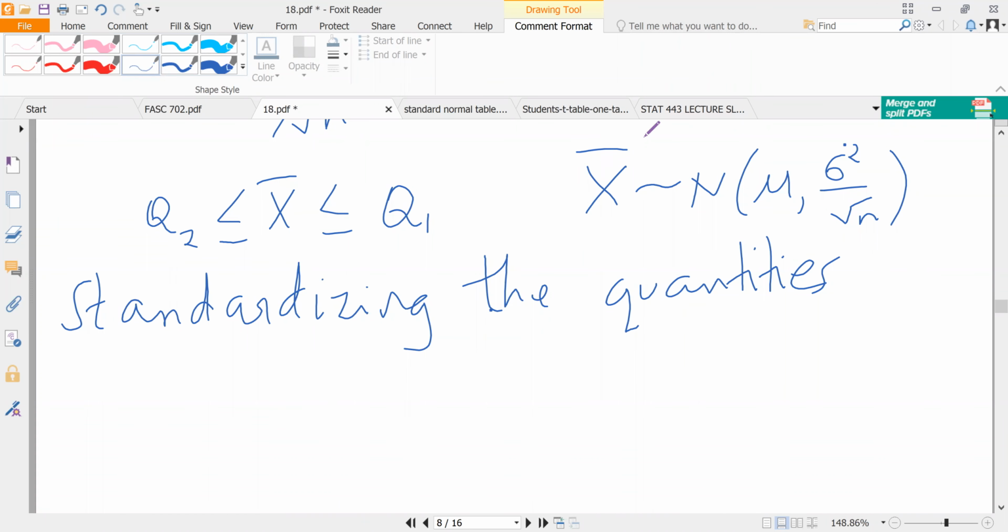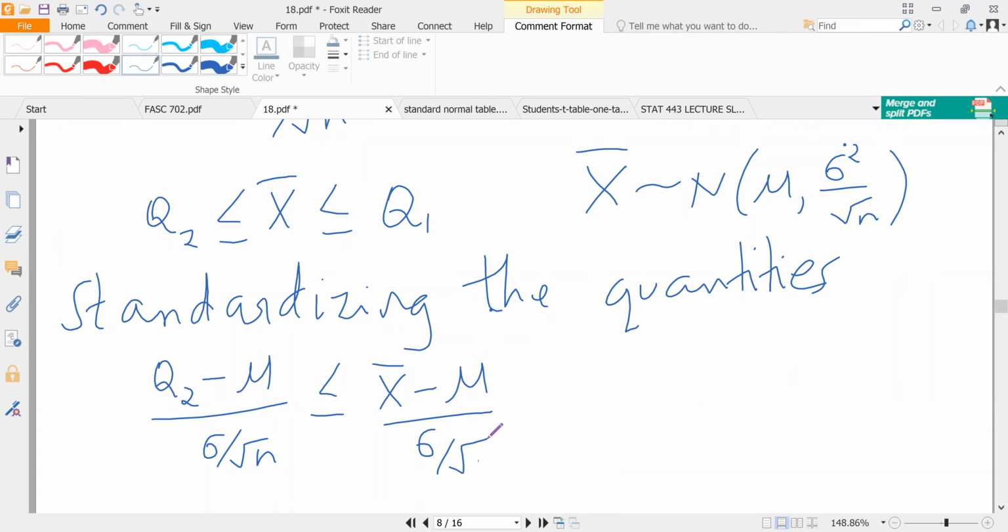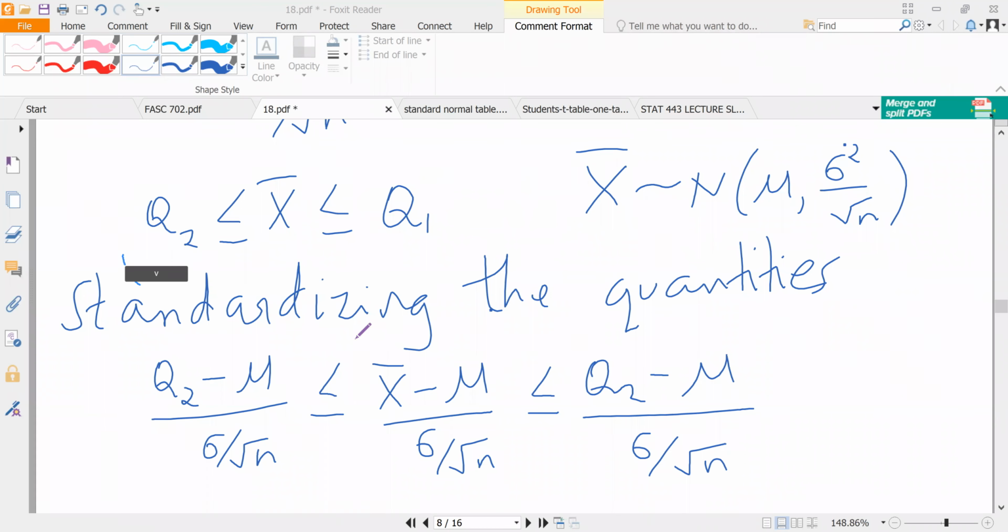So to standardize that, we are going to have Q2 minus mu over sigma over root n less than or equal to X bar minus mu over sigma divided by root n less than or equal to Q2 minus mu all over sigma over root n. This is what we do to have a standardized quantity.